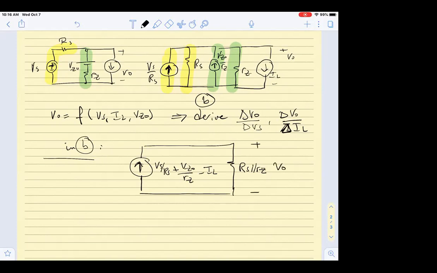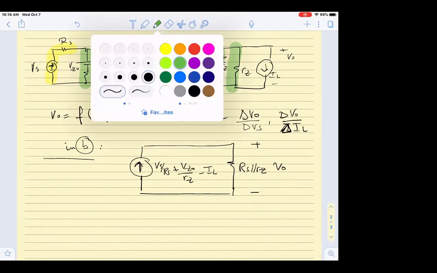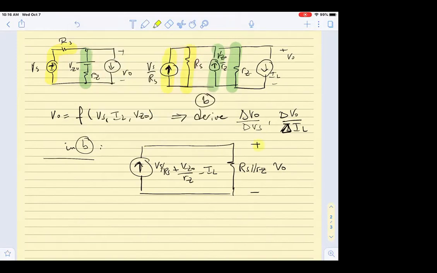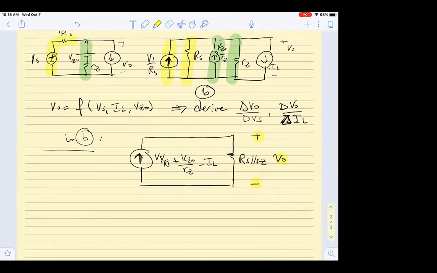Okay, where is VO? VO is across those two parallel resistors, right? So do I know what VO is? Simply R times I. We could have said that VO is the voltage across the resistors.